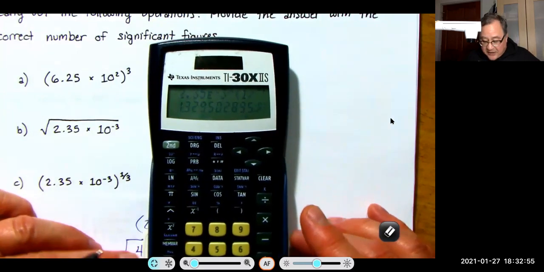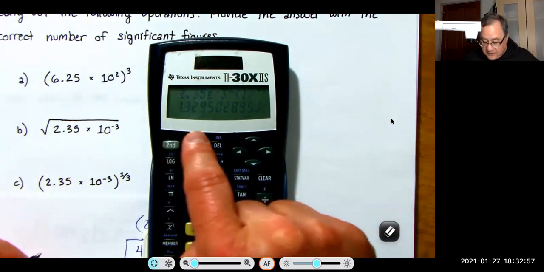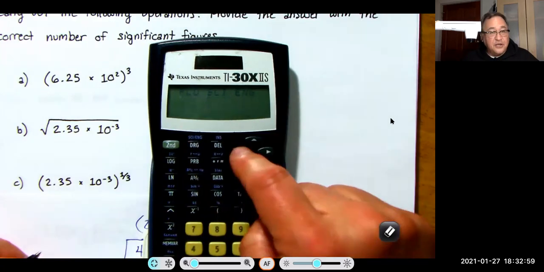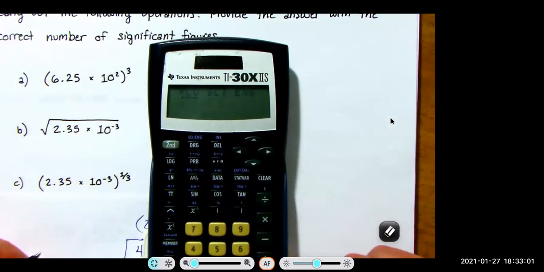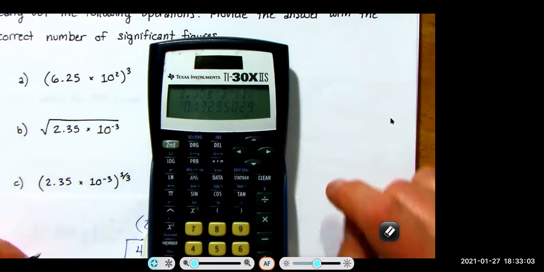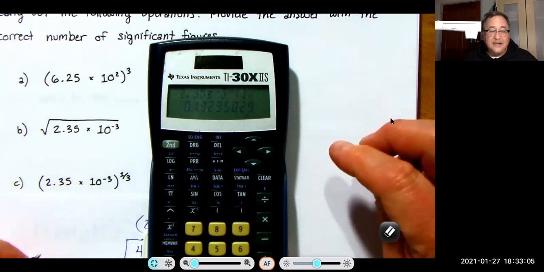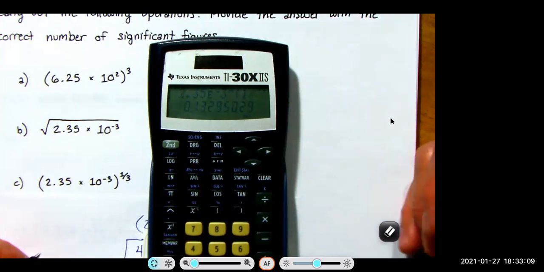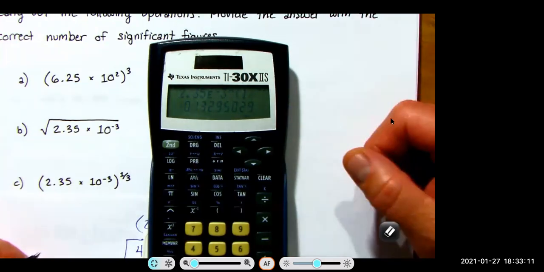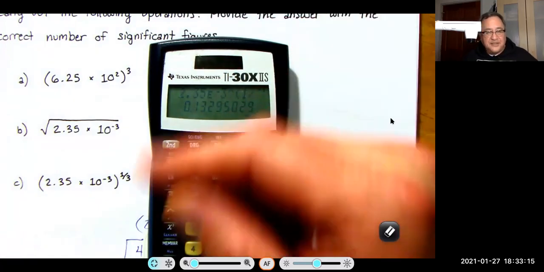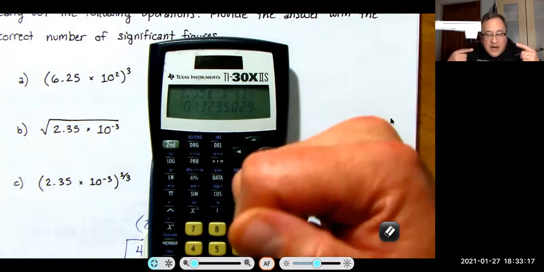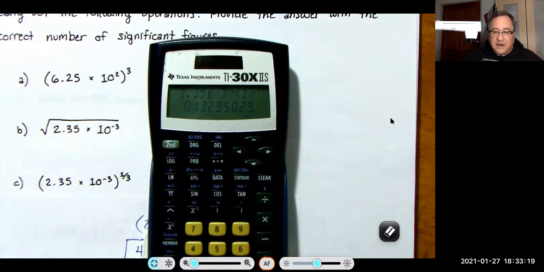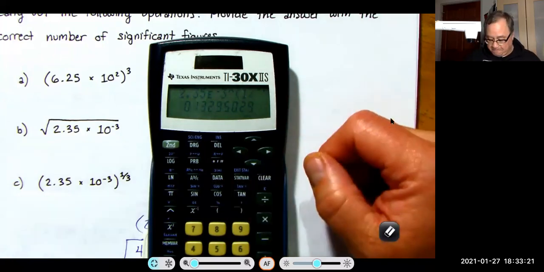Now, I'm going to change this to fixed notation. Oh. And you can see 0.13 and 1.3, and you got 0.1329, right? Oh, yeah. They're the same thing. Yeah. So what that tells me is that you just need a little more practice to work in your mind what the 10 to the minus 1 means, okay?